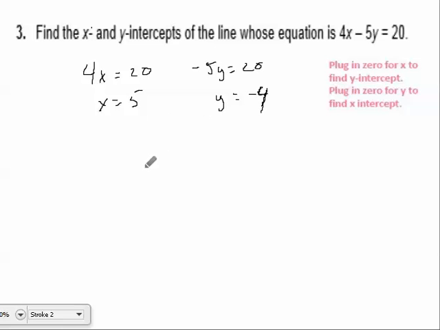Okay? So that's the way you do that. You stick 0 in for y and x equals 0. That's how you find the x-intercepts. You stick a 0 in for the y's, and to find the y-intercepts, you stick a 0 in for x.